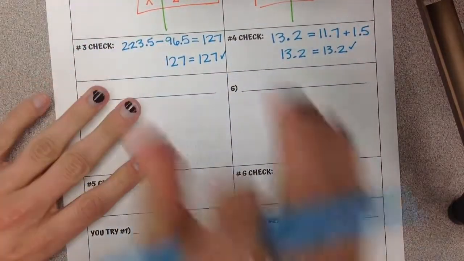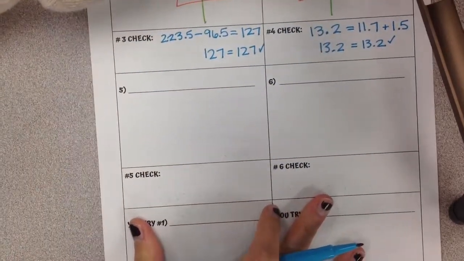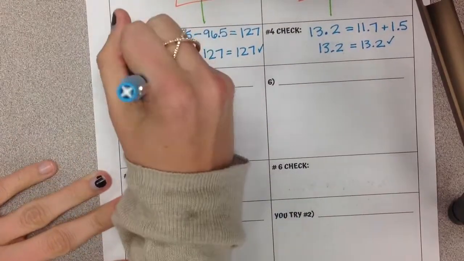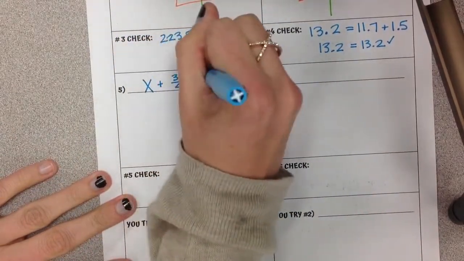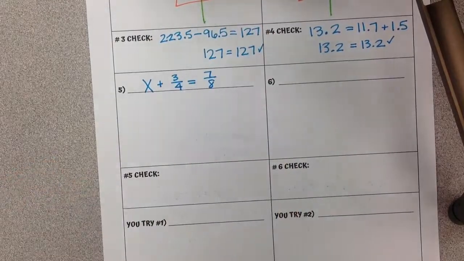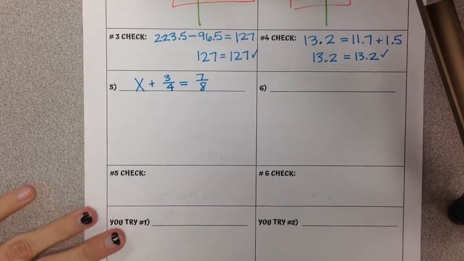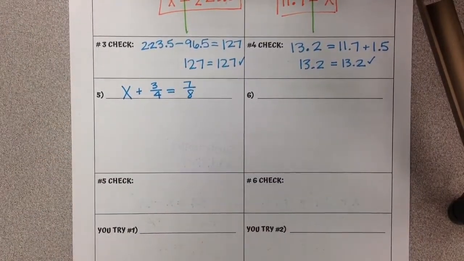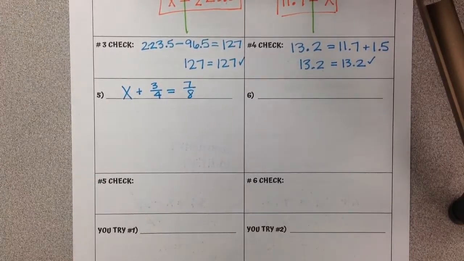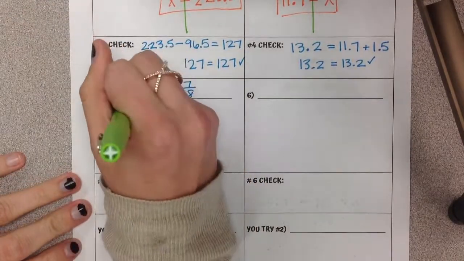So for number 5, we're going to do x plus 3/4 equals 7/8. So we know all of these problems were addition and subtraction problems. So what that means is when we're working with fractions, we need common denominators when we add or subtract. So the first thing that I'm going to do before I even try to do any solving is rewrite the problem.